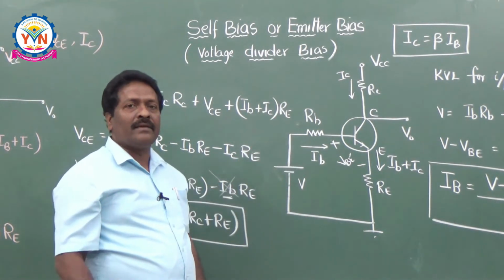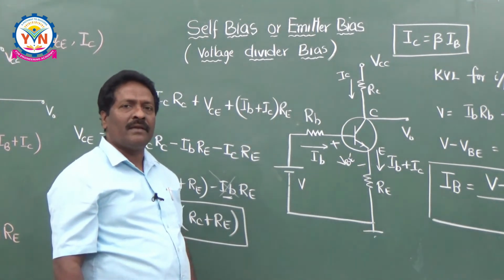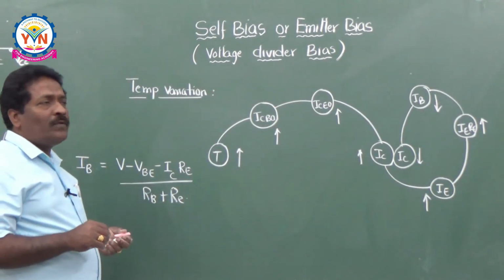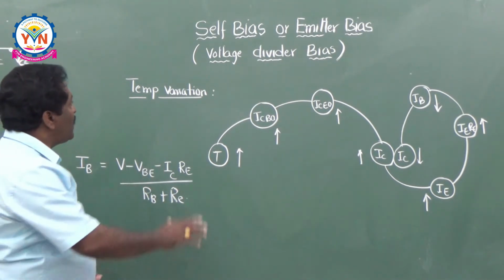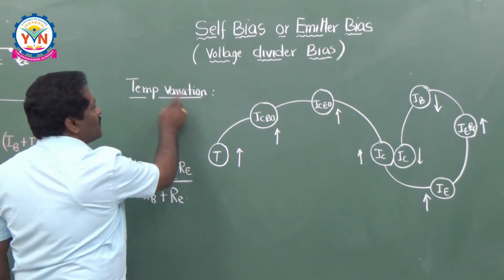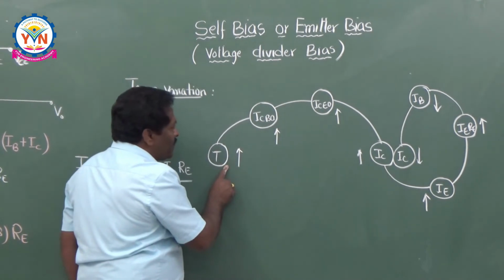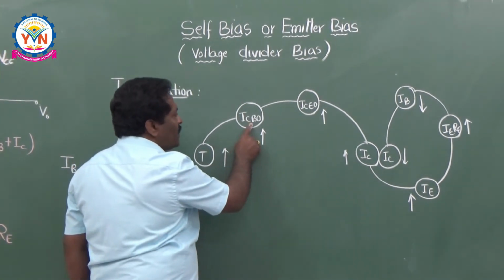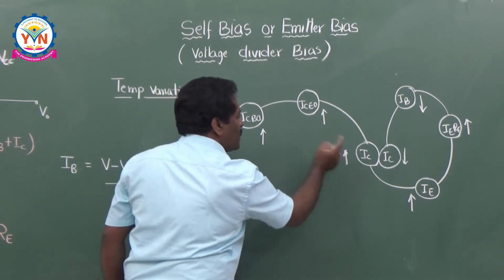Now let me check the temperature variations as well as beta variations. So we fixed the operating point Q for the self bias or voltage divider bias. Now let us check the temperature variations. Look at this diagram: if temperature increases, ICBO increases. If ICBO increases, ICEO increases, then IC also increases.